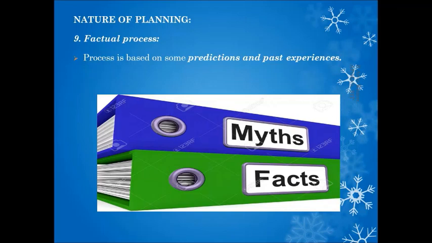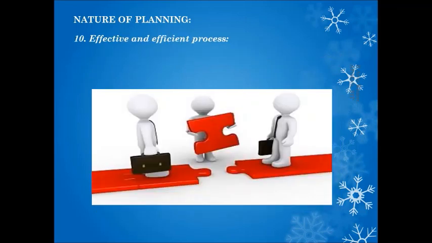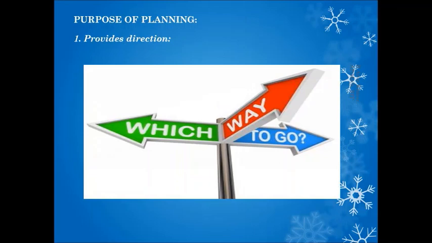Nature of planning: flexible in nature. The future is unpredictable, so planning must provide enough room for change. Goal-oriented: it is carried out to attain the objectives of an organization and provides guidelines.